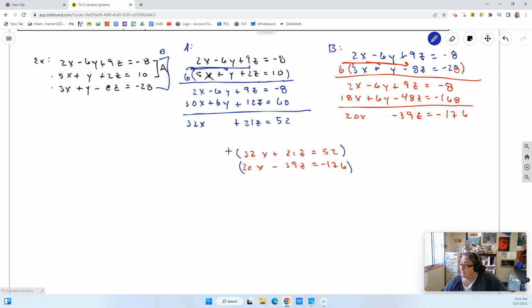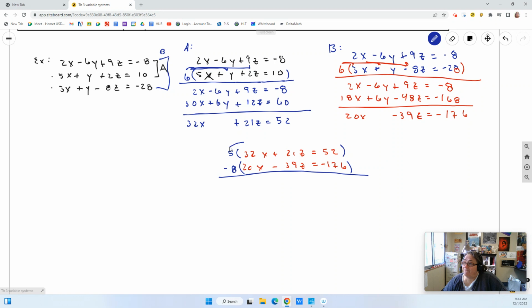If I multiply this times 5, I'm going to get 160 right here. If I multiply this times negative 8, I'm going to get negative 160 here. And that's what I want to do.